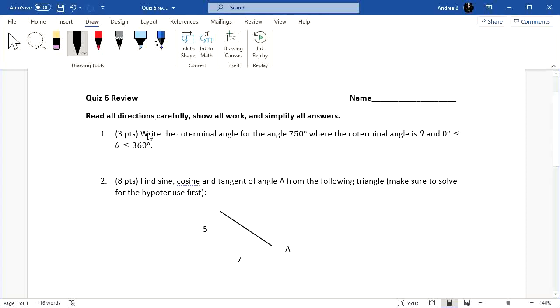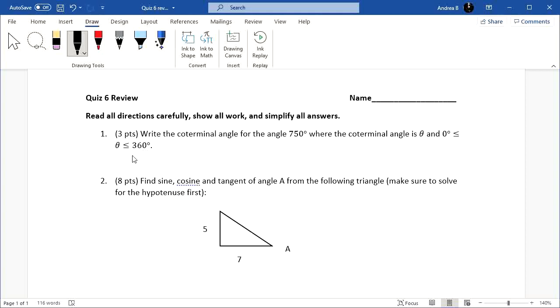For quiz 6, our first problem is to write the coterminal angle for the angle 750 degrees, where the coterminal angle is labeled as theta, and theta has to be between 0 and 360, including possibly 0 or 360 degrees.